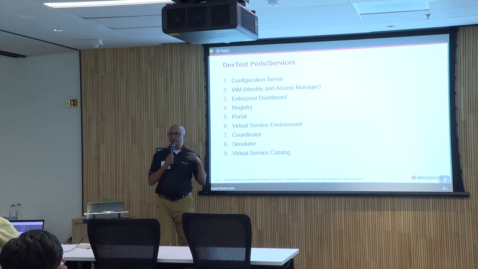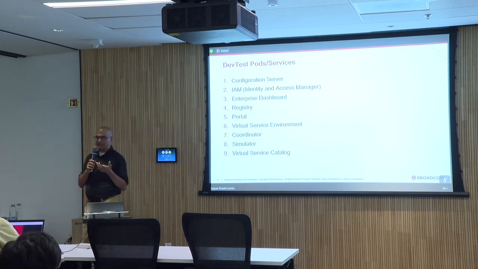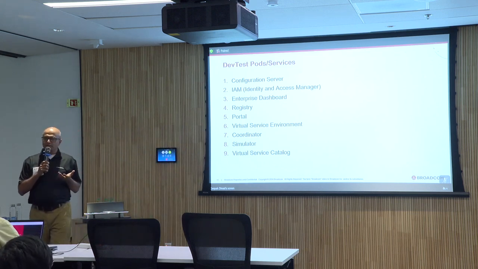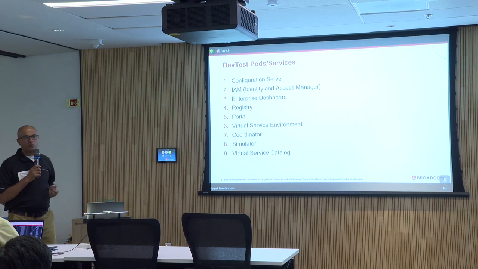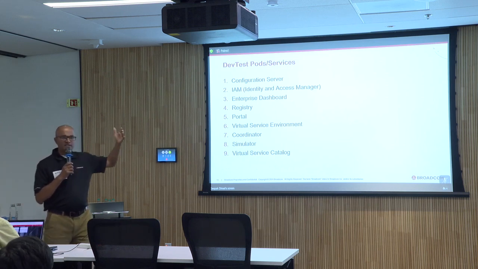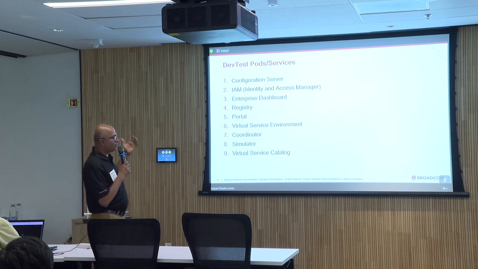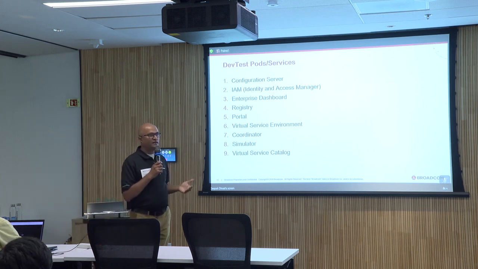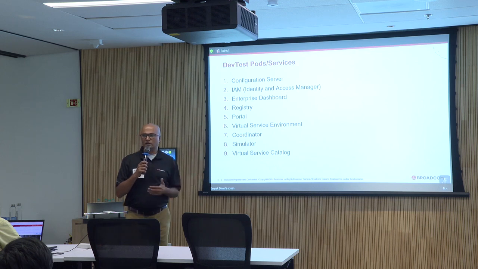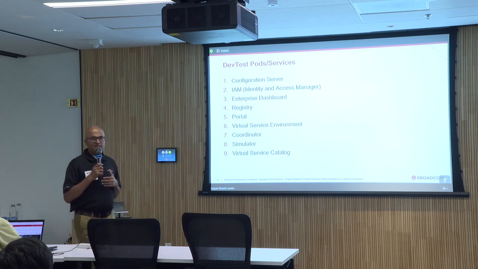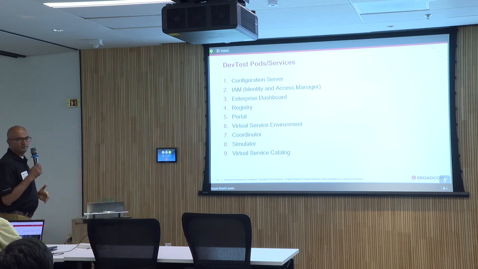That is a pod that contains all the configuration details of your DevTest architecture, all the different components. So that is the most important one. Once that pod gets up and running, then you need your IAM, right? And then your enterprise dashboard, your registry, and all the different other components of DevTest get deployed in that order.